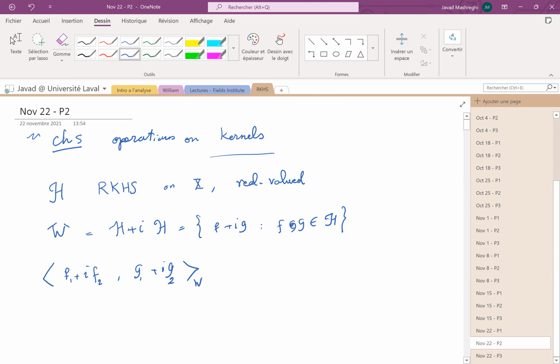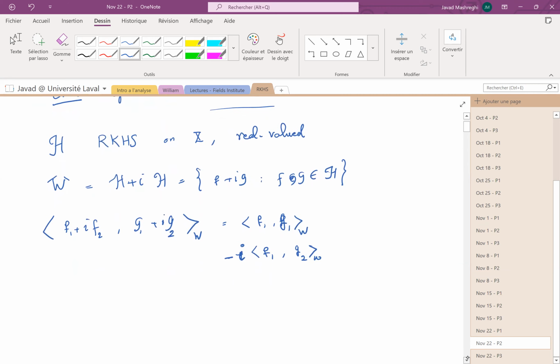When we expand, it will be the inner product of f1 and g1 in W, plus the inner product of f1 with i g2 in W. What we take out becomes minus i.